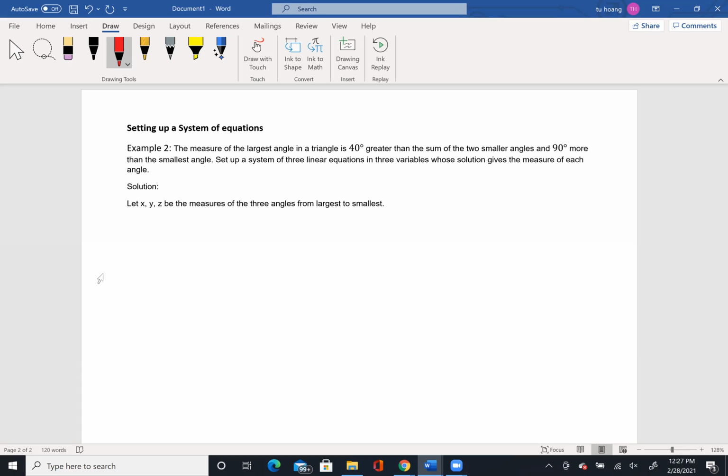So we have the sum of the three angles in a triangle is what? 180 degrees, right?